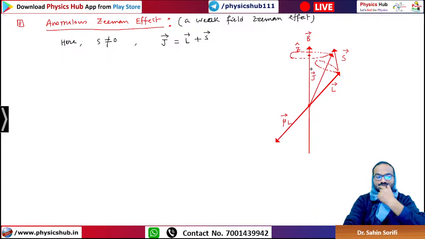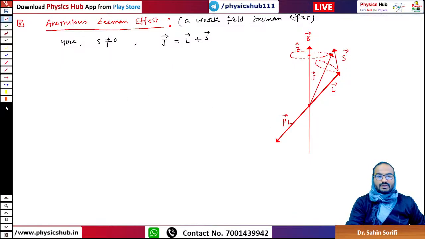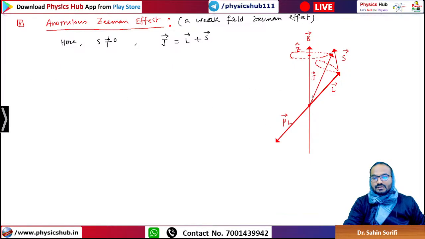In this way. Now the component of J, you can also imagine the opposite component mu. If that is J, mu J will be in the opposite direction.